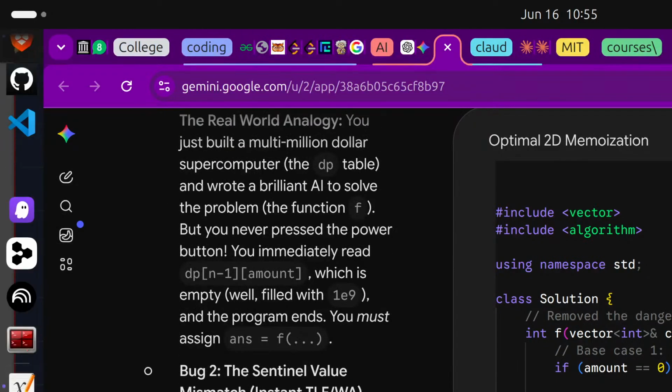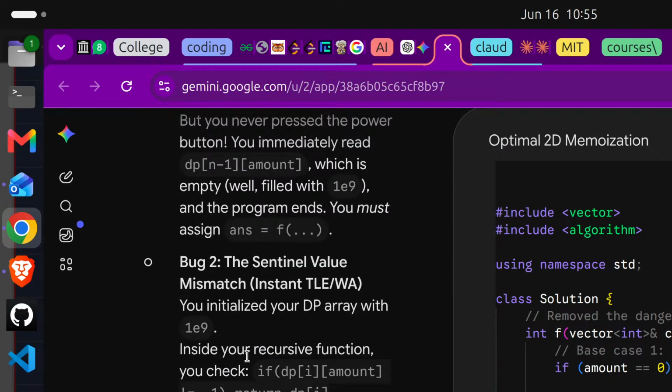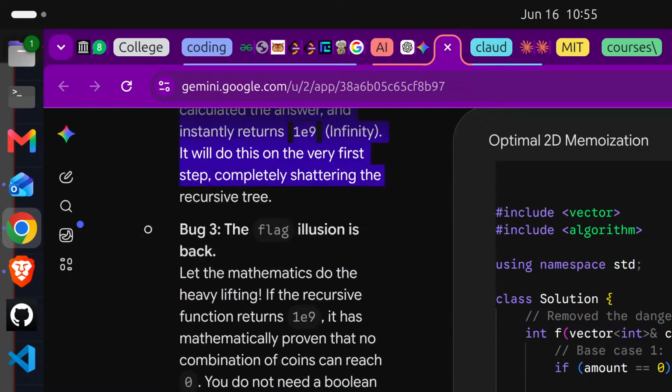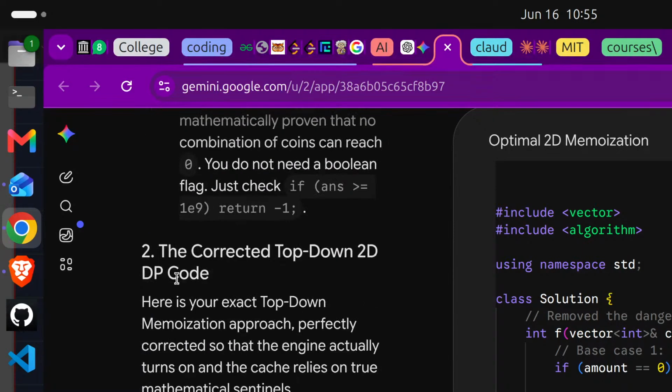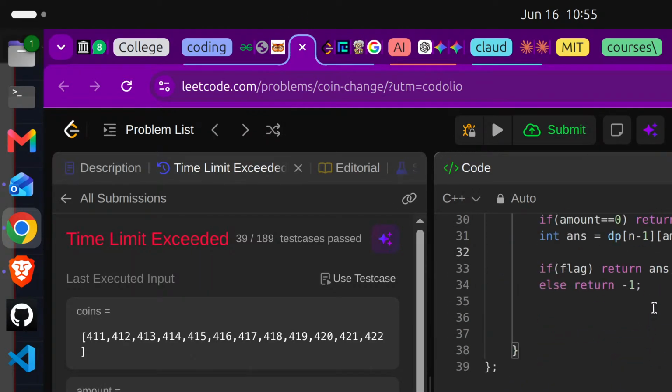What I did. Okay, let me, I think these are small bugs here.